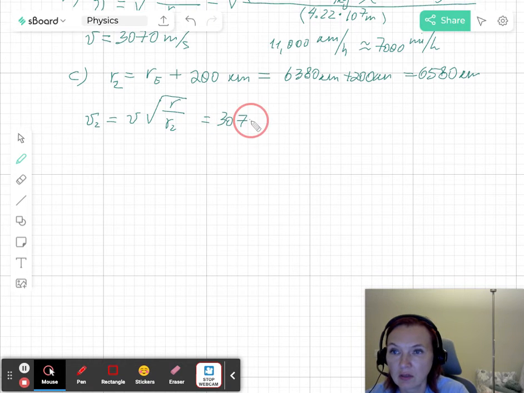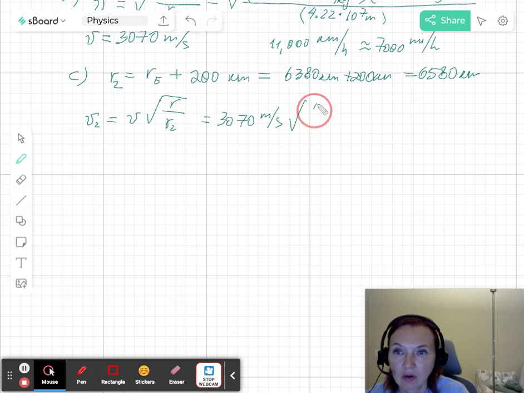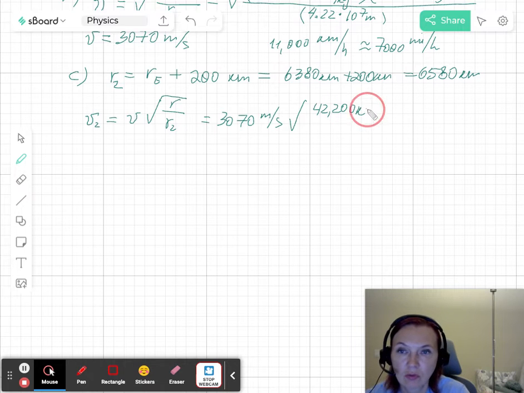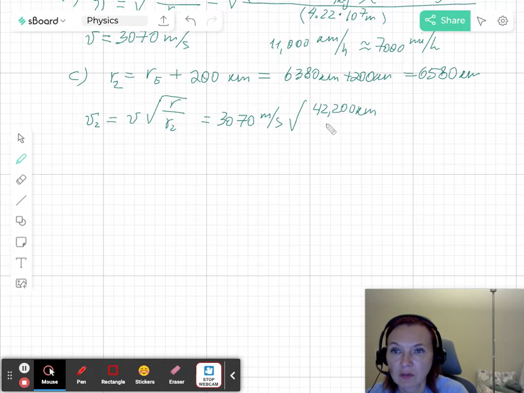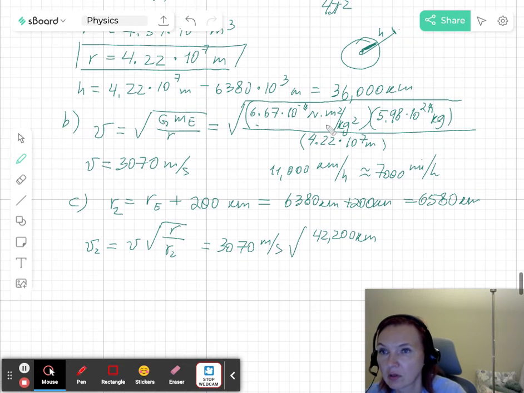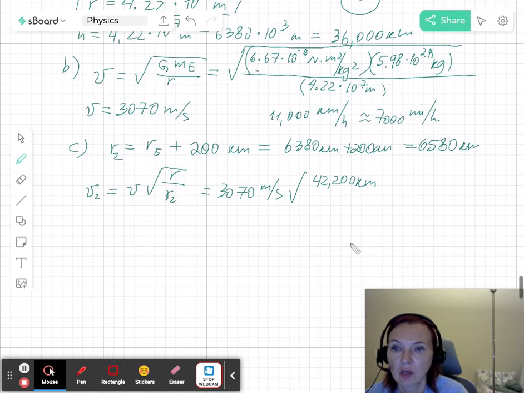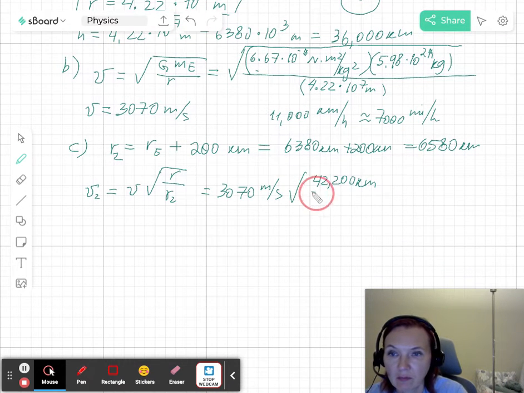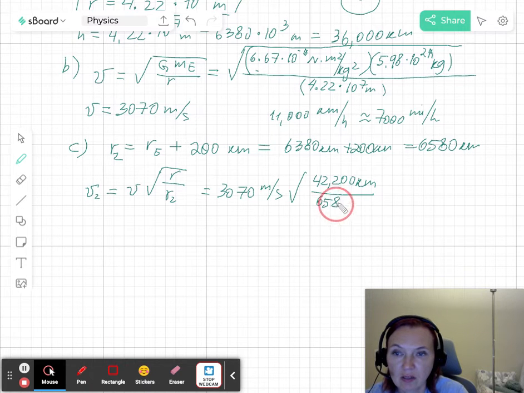So we got 3,070 meters per second, and then we have our 42.2, kilometers. I converted this one, 4.22 times 10 to the power 7 meters. That's 42,200 kilometers. And dividing it by the new radius that we got, 6,580.